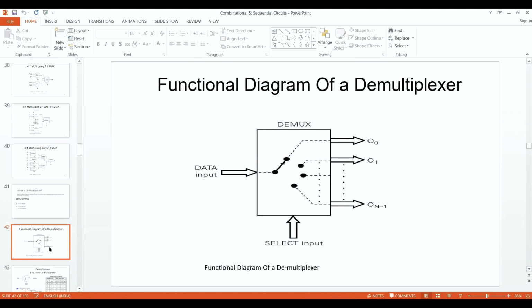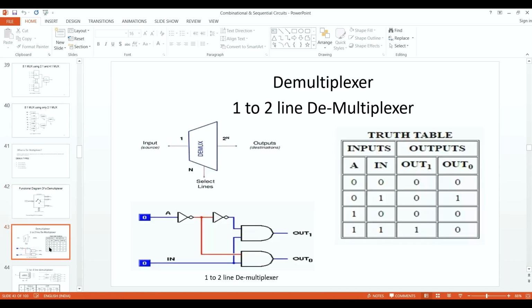The relationship is 2 raised to power n. In certain books it is written 2 raised to power m. Doesn't matter. We are only concerned with how the select lines and the input-output relationship are established.